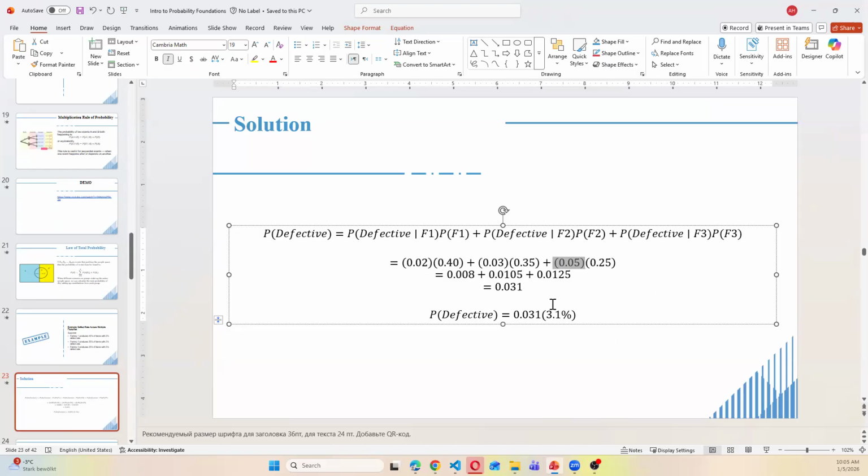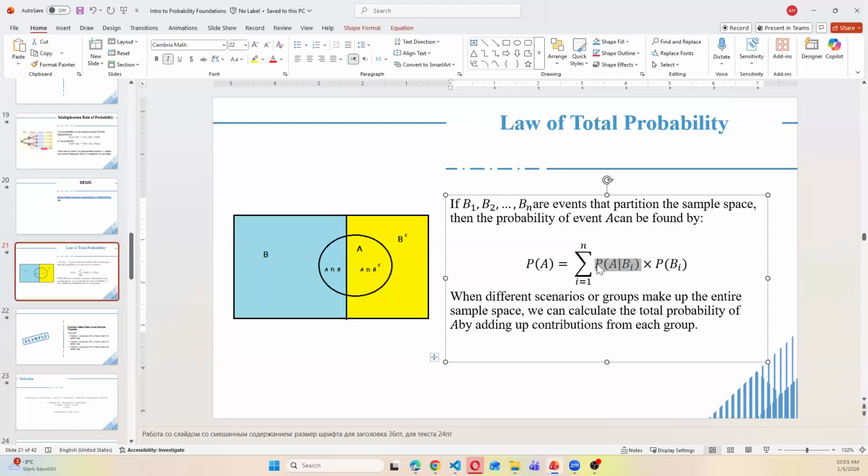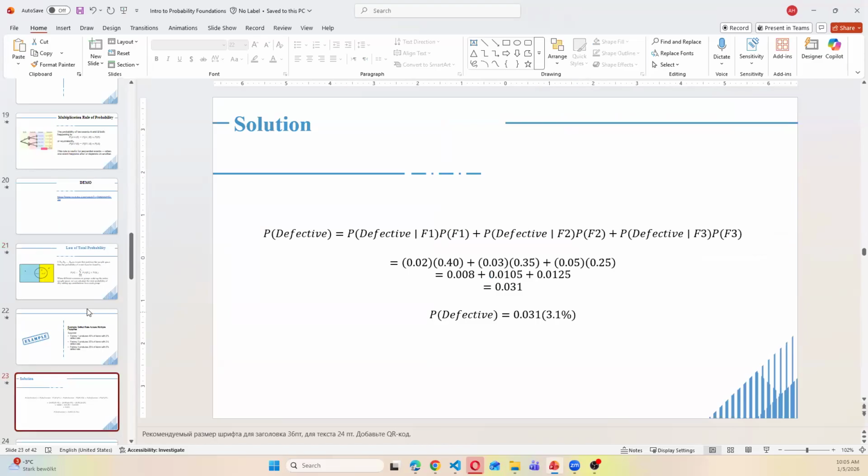If you add them all, the total defect rate across these three factories is 3.1%. So you just use the law of total probability, this one formula, using the amount of defects and the share each factory produces. Any question, guys? No, teacher, it's clear.